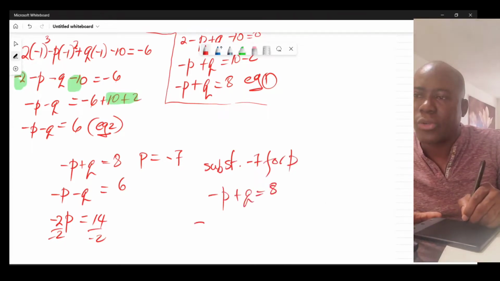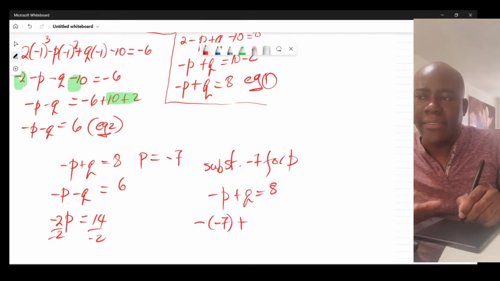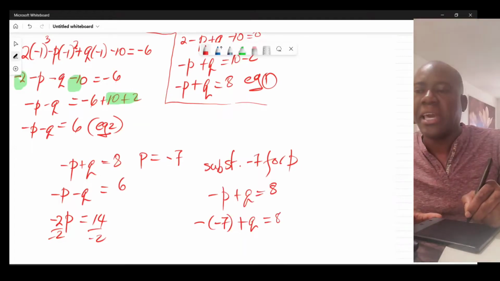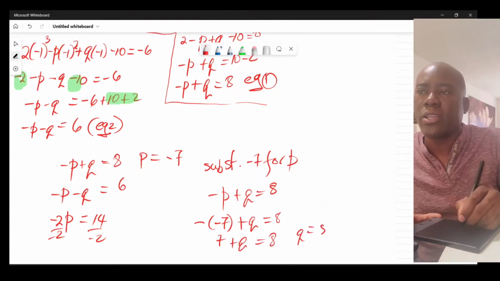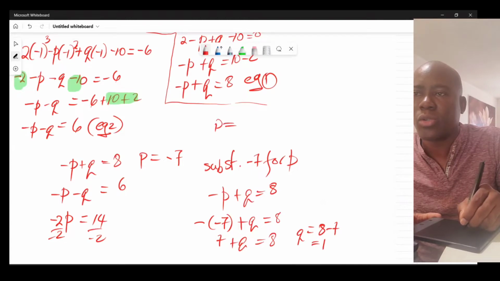If you add q to this, you should get 8. So q is going to equal 8 minus 7, which is equal to 1. So we could just write our conclusion: p is equal to negative 7 and q is equal to 1.